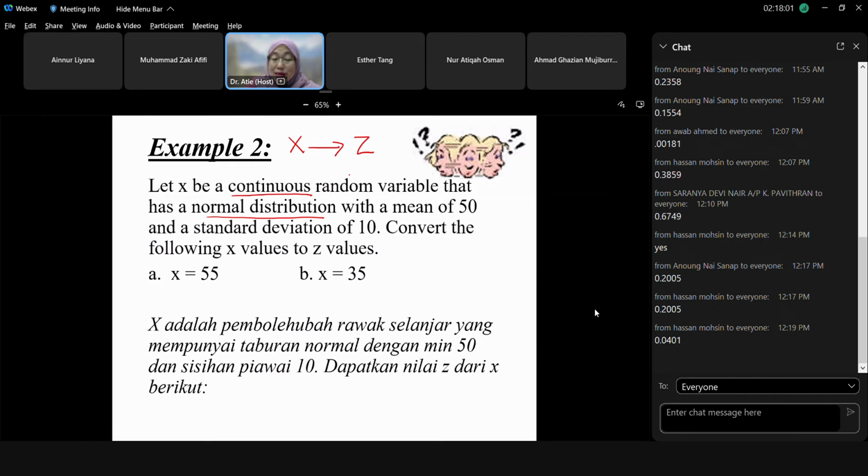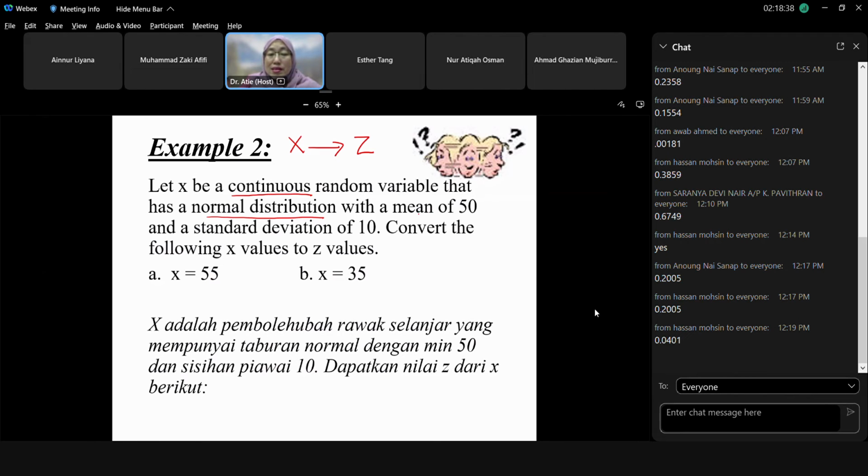The question doesn't ask us to find probability, so we only need to convert x to z. Starting from today, whenever you read questions in this class, I would like you to highlight or circle the important information you will use to answer the question.